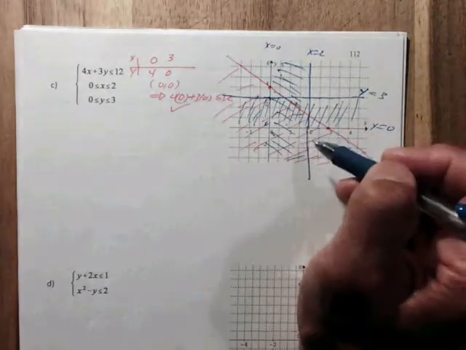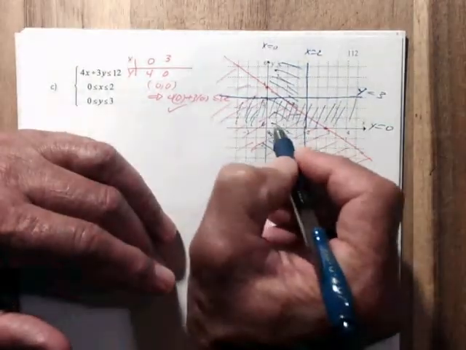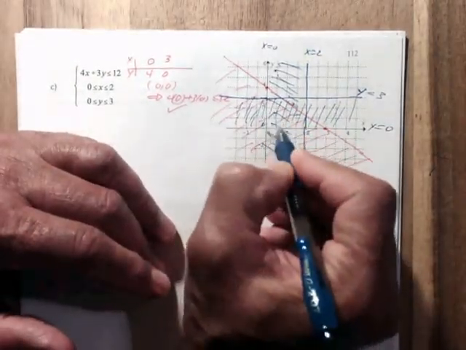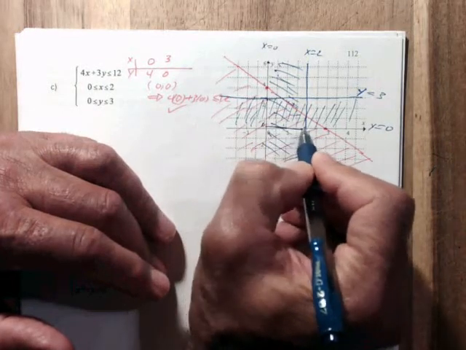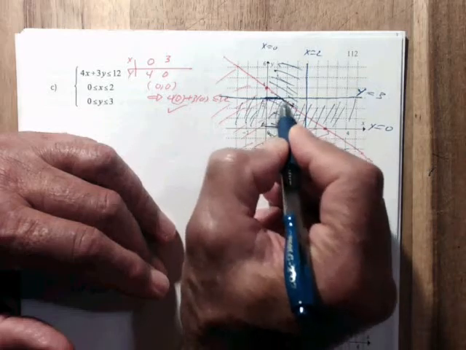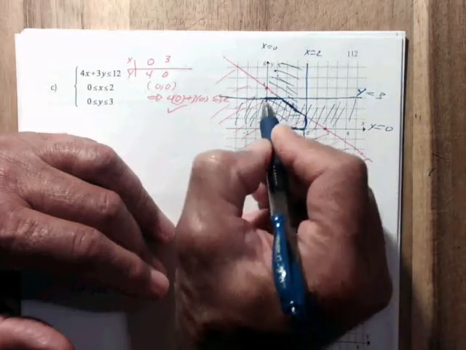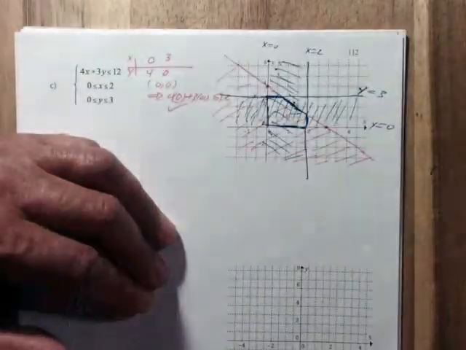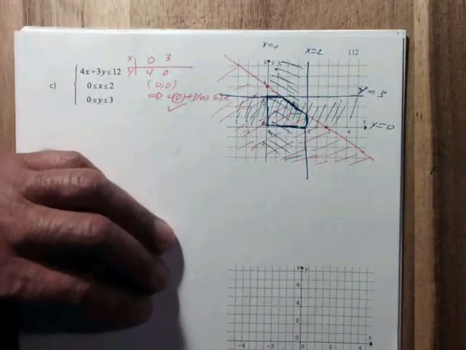So the region we want is highlighted really thick between these two lines, to the left side of this and between these two lines. That's the region. This is the feasible region here.